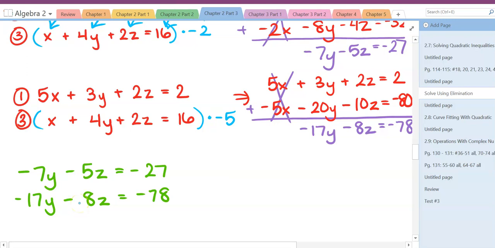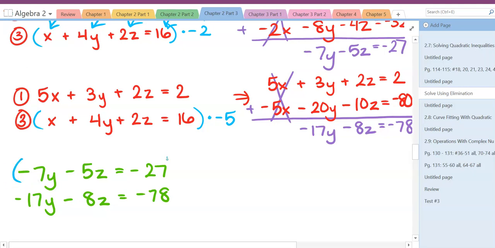What's a number that both 5 and 8 can go into? Close. 40. So what I'm going to have to do is take the top times an 8 and the bottom times a 5. However, since they're already both negative right now, make one of them become positive by multiplying by a negative. That way they'll eliminate easier when I add them.